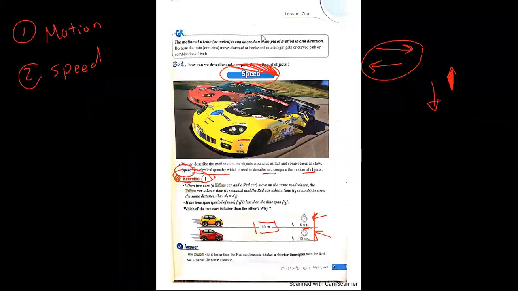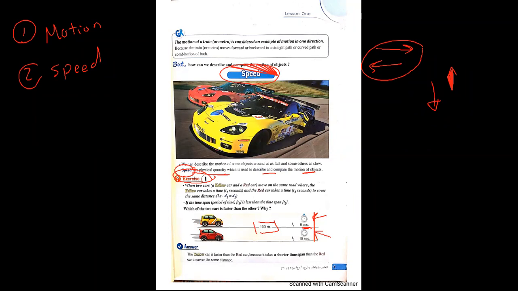Okay, Sarah. The yellow car. Why is the yellow car faster than the red car? Because it takes a shorter time to complete the 100 meters than the red car. Thank you.